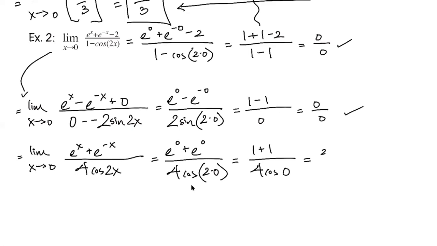So I end up with 2 over 4, or a final answer of 1/2. Okay. So here's what this means. If you throw that initial function on Desmos and graph it, if you zoom into the x value of 0, the function should get really close to a y value of 1/2. Okay?